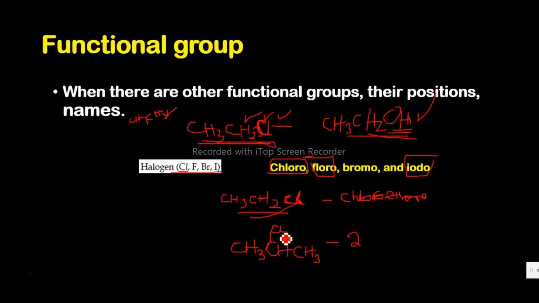Why 2? Because our functional group, our chlorine, is on carbon number 2. So that's why it is 2-chloro. And then you put a hyphen, and then you write your chloro.